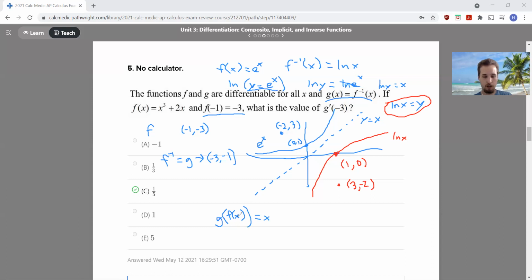Because for the normal function, g of x equals the inverse of f of x, then the opposite is going to be g of f of x equals x, right? So when we take the derivative of this, we use chain rule, so we get g prime of f of x times the derivative of the inside, which is f prime of x, and the derivative of x is 1, right? So this is when we take the derivative of this function.